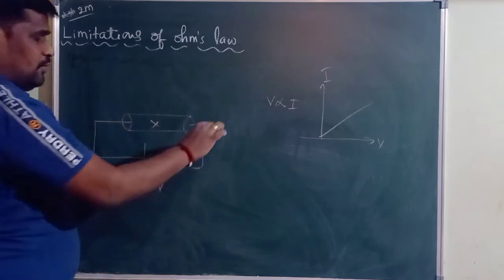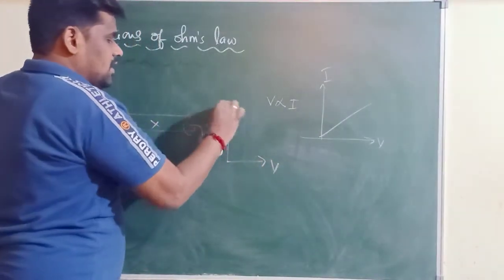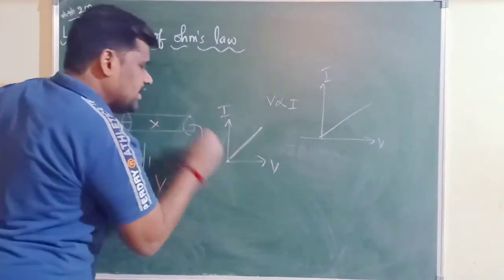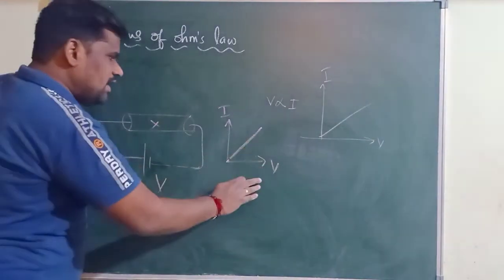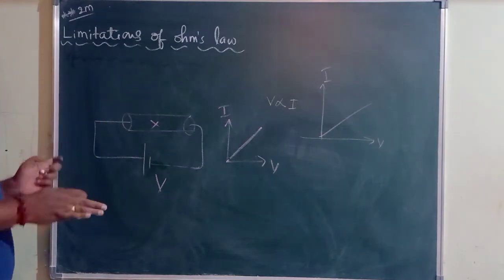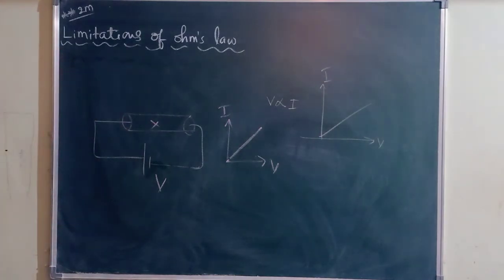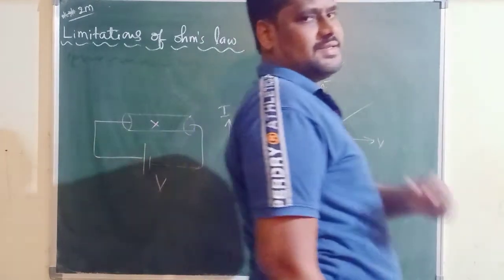So if you plot a graph by taking voltage along the x-axis and current along the y-axis, that graph should be linear, a straight line. If the graph between V and I is linear for any device, then we can say that Ohm's law is applicable for such a device, and such devices are called ohmic devices.